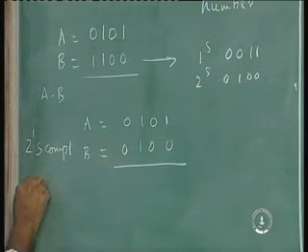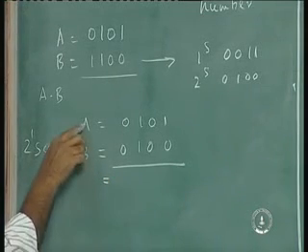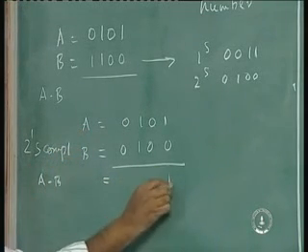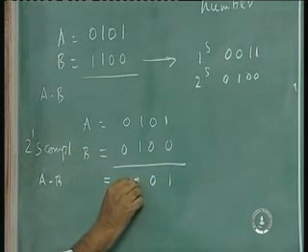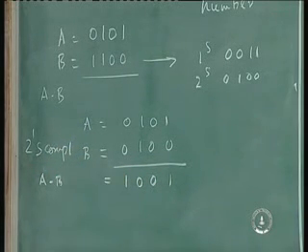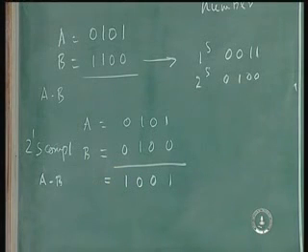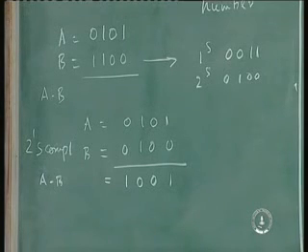A minus B is same as adding A and 2's complement of B, which is 1, 0, 0, 1. Is that right? You mean the answer is right? My addition is right. The answer is not right.